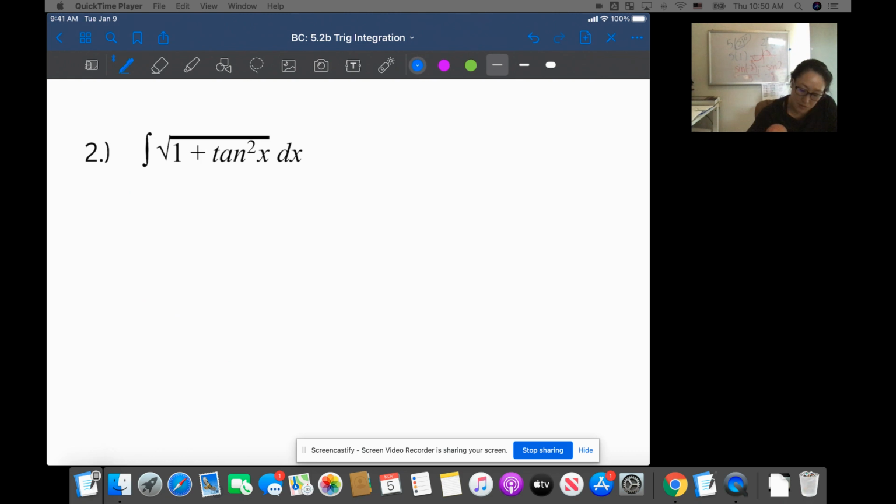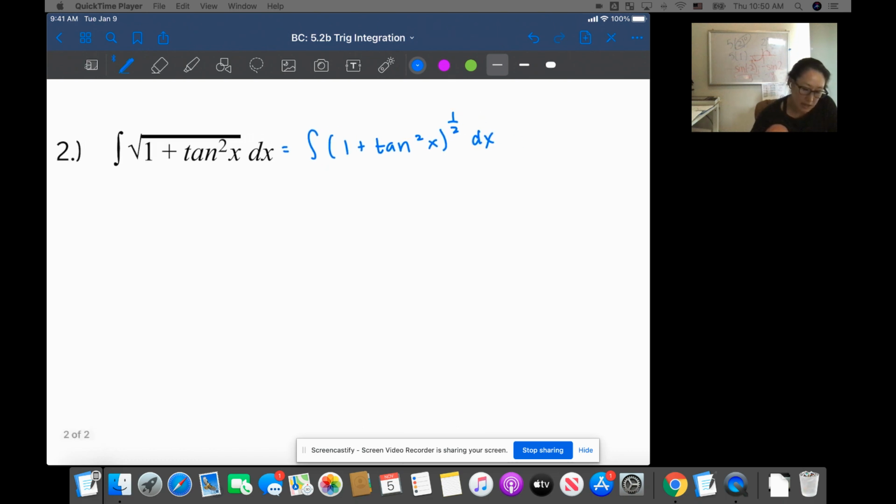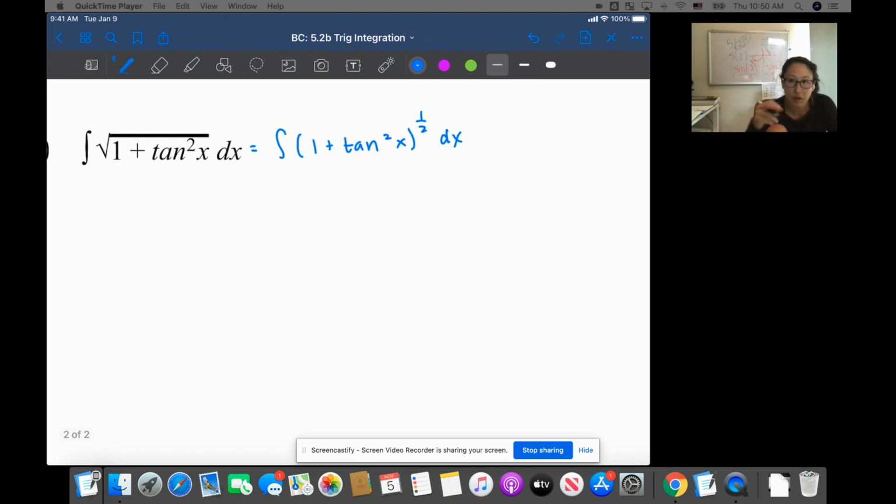Okay, I have a root. I better write this as a rational exponent. So 1 plus tangent squared x, all raised to the 1/2 power dx. And I see a chain rule, so functions nested inside each other. So I need to do something.